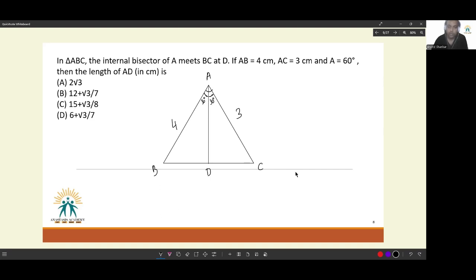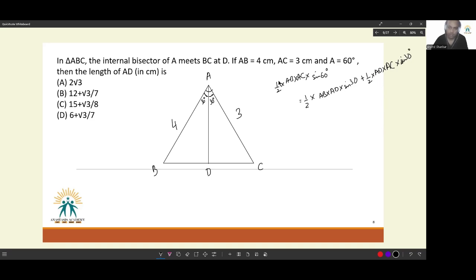Now, area for the full triangle ABC will be given by half into AB into AC into sine 60. And this should also be equal to half into AB into AD into sine 30 plus half into AD into AC into sine 30.